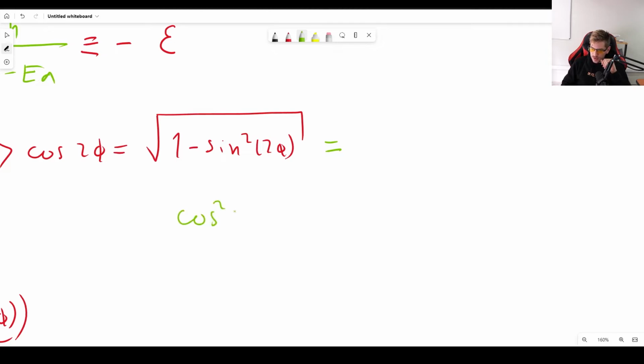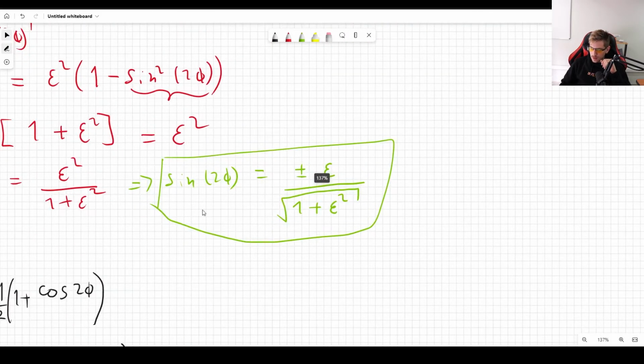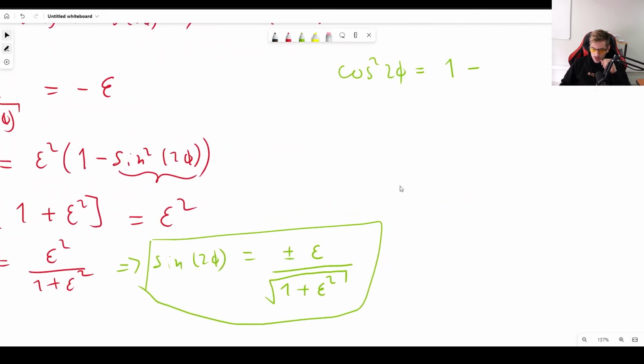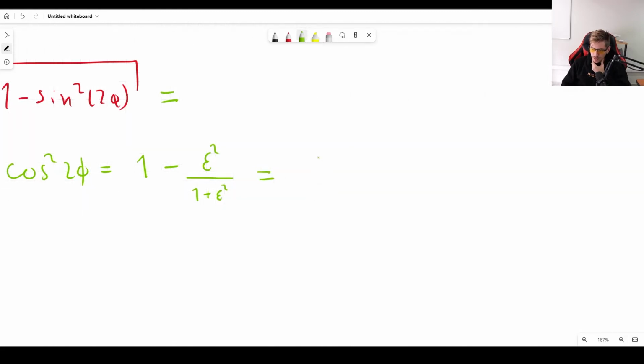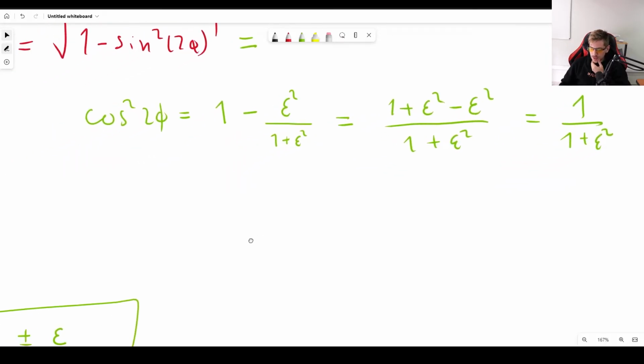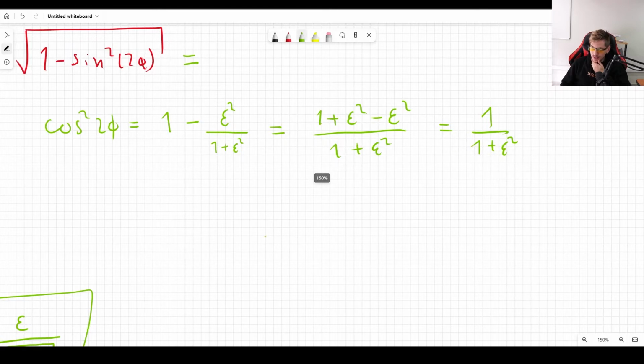So cosine squared of 2 phi is 1 minus sine squared of 2 phi, which is 1 minus epsilon squared divided by 1 plus epsilon squared. So we can take the minimum common denominator here. So we get 1 plus epsilon squared minus epsilon squared divided by 1 plus epsilon squared, which is simply 1 over 1 plus epsilon squared. And now we can take the square root of this.